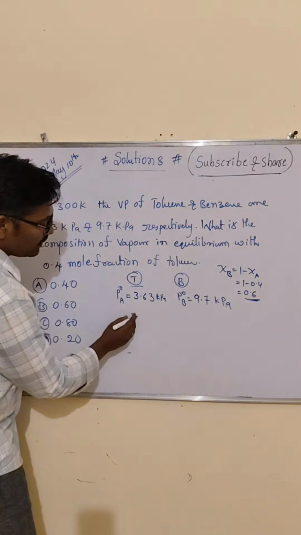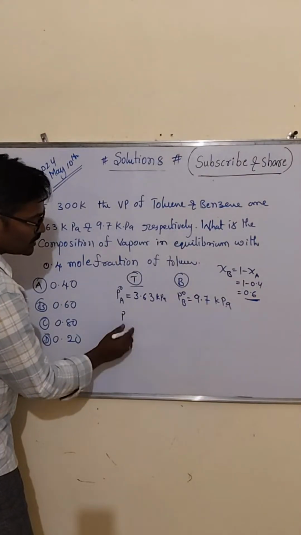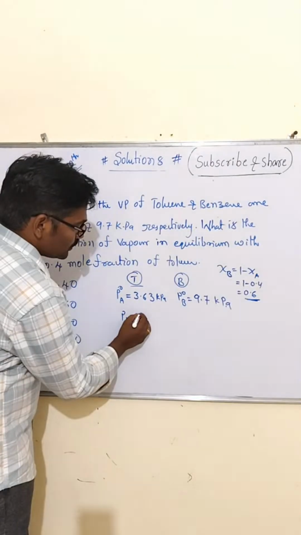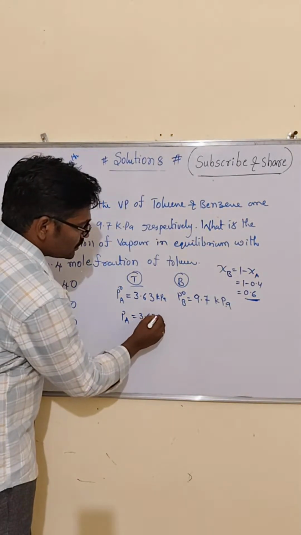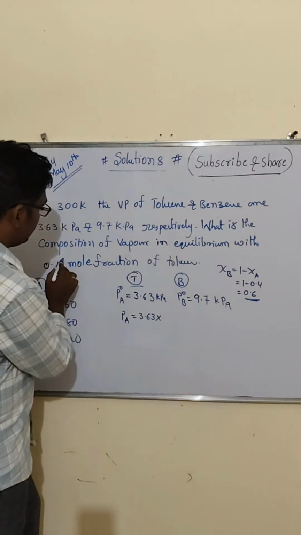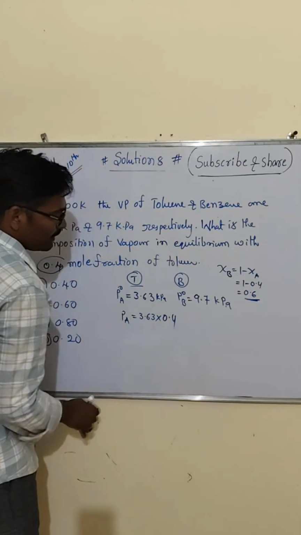From this we can calculate the partial pressure of A. Partial pressure of A equals 3.63 into the toluene mole fraction, which is 0.4.